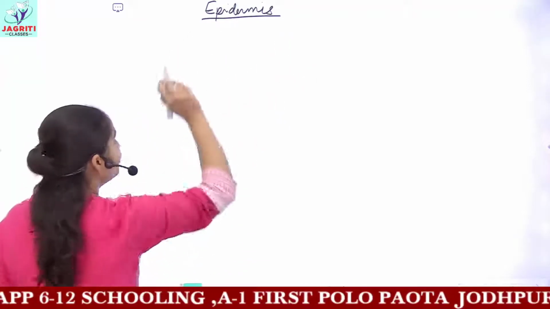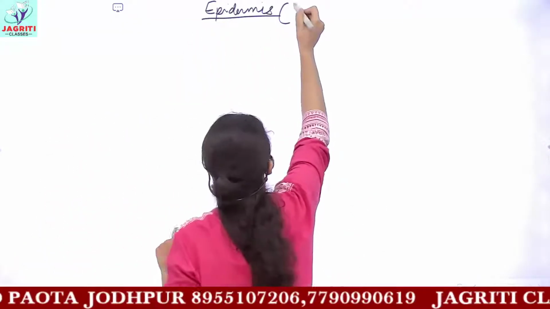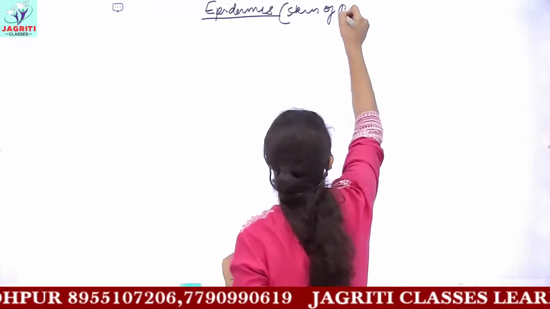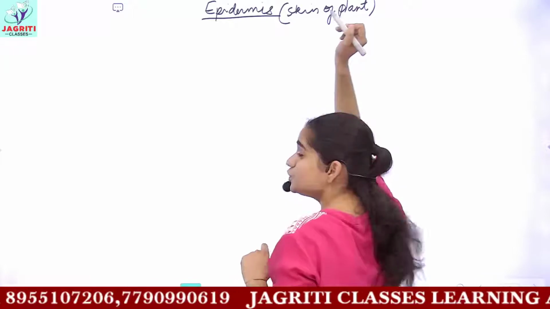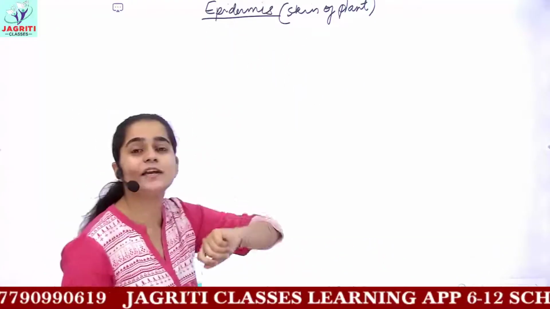Now what do you mean by epidermis? Epidermis is present in plants. It is similar to our skin, that is the skin present in animals or humans. You can call this epidermis to be the skin of plant. In a very simple sense, we can say epidermis is the skin of plant.